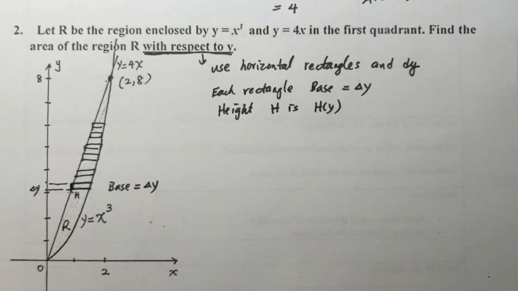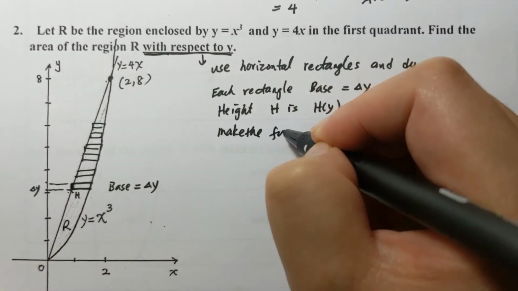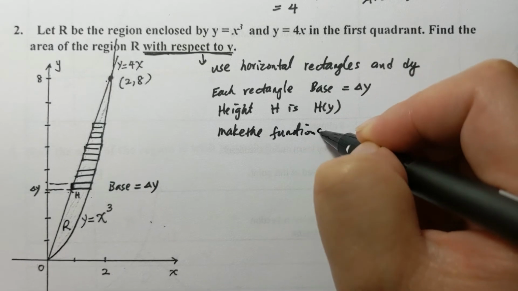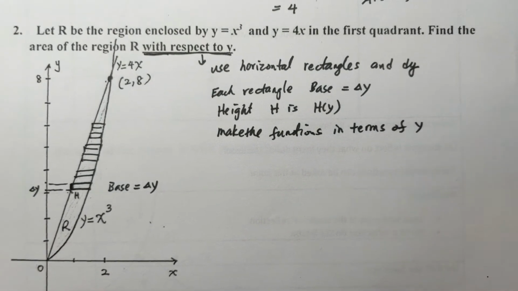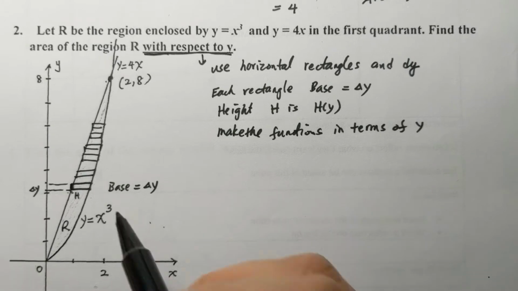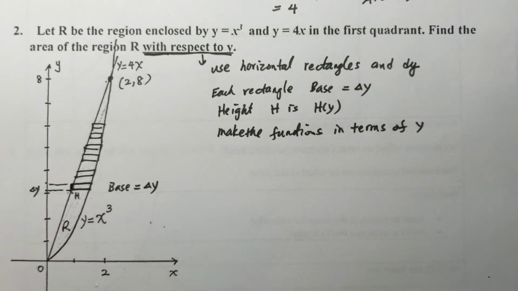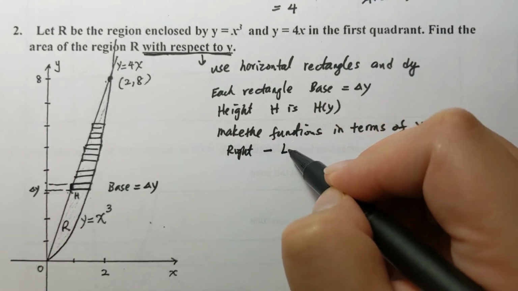So now you are going to make the function in terms of y. That is why your h is h of y, because you are going to subtract this way. In order to find the length, we always do right minus left.